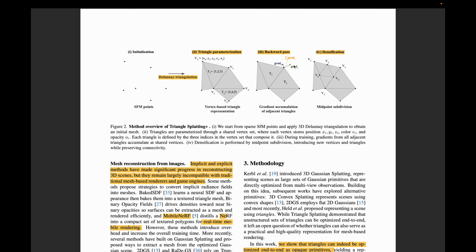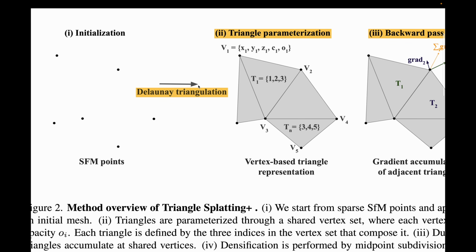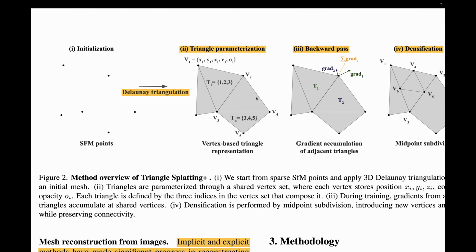Okay. So at initialization, they use a well-known algorithm to create a connected mesh out of the point cloud. That means that at initialization, they have a connected mesh. But then during training, because densification and pruning is a very important component of Gaussian splatting or of any subsequent paper, in the later stages, the mesh will be, let's say, destroyed.